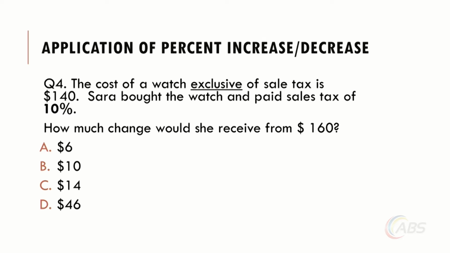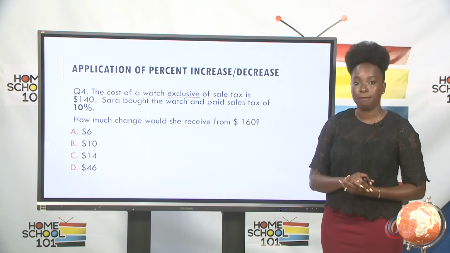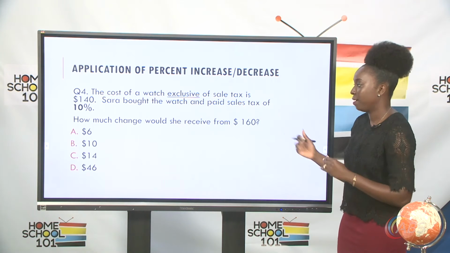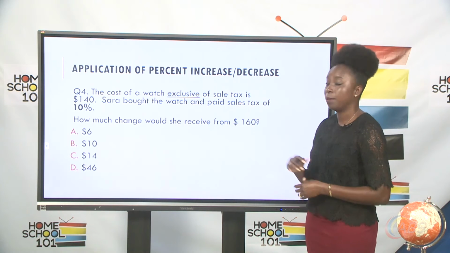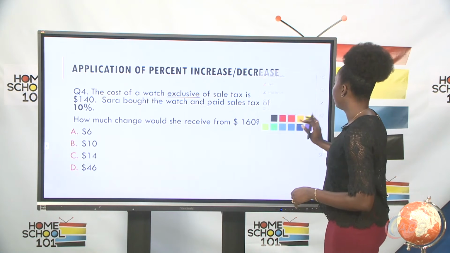So exclusive, that just means that the cost of the watch is $140 before the sales tax of 10% is added. And so we have to find what that 10% is and add it to $140 before we can find out how much change she would receive from $160. So let's start by finding 10%.